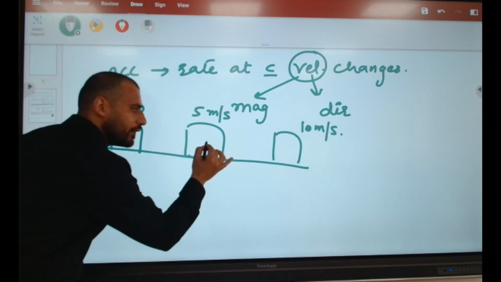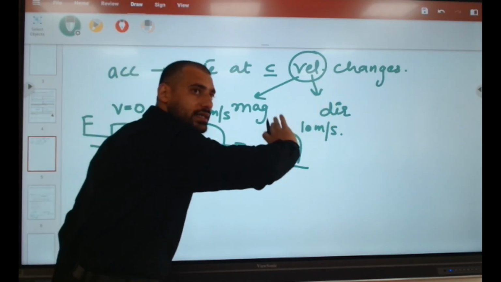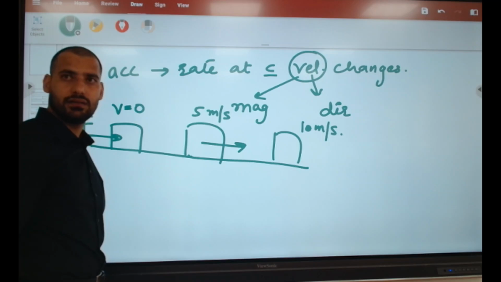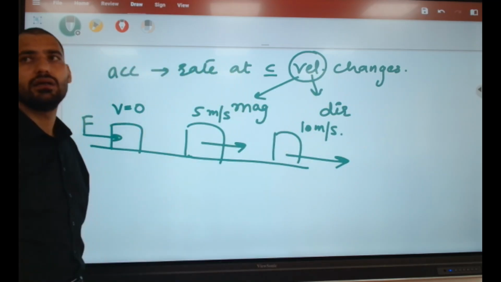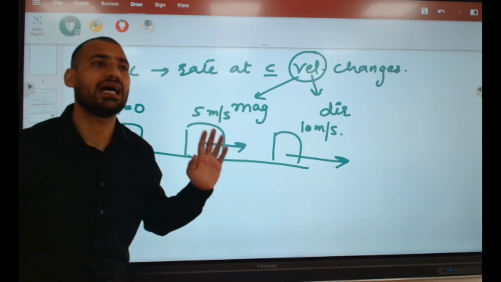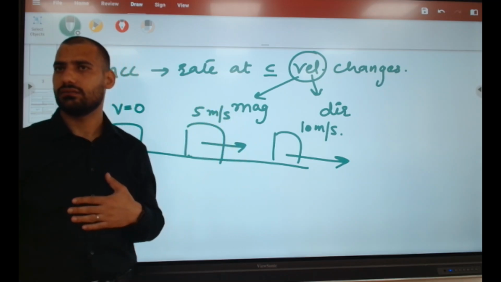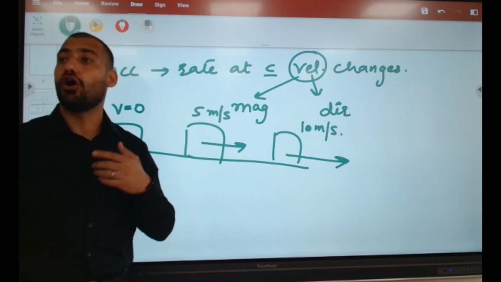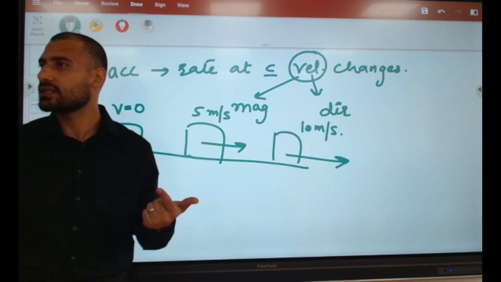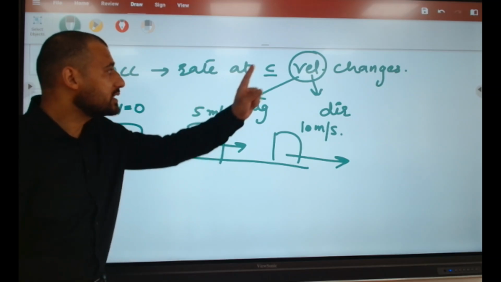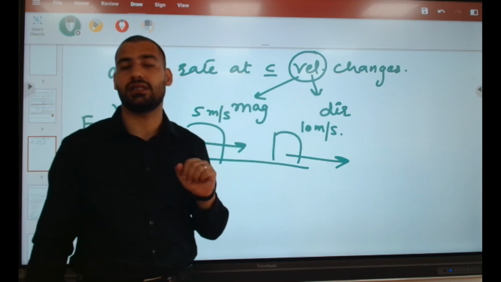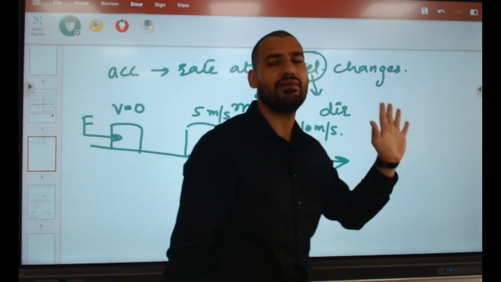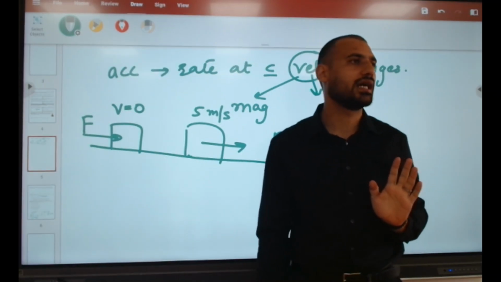The direction of velocity here was towards the positive x-axis, isn't it? The direction of velocity here as well, it was again towards the positive x-axis. Has the direction of velocity changed? No. What has changed? Only the magnitude, isn't it? So velocity has changed, but only in magnitude, not in direction. At this time, we will have acceleration. Is that fine?